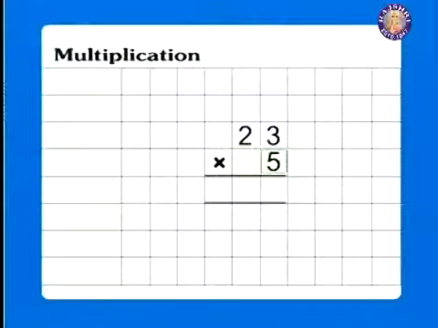First, multiply 5 into 3 to get 15. But now look carefully at what we do to the number 15. We have a carryover number in multiplication as well, folks.